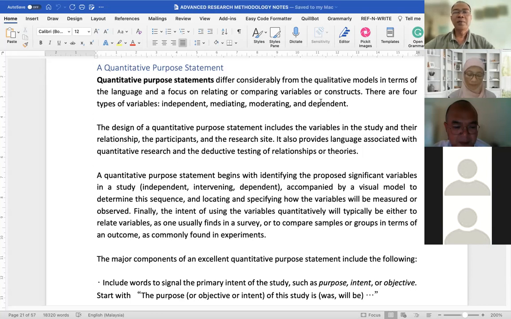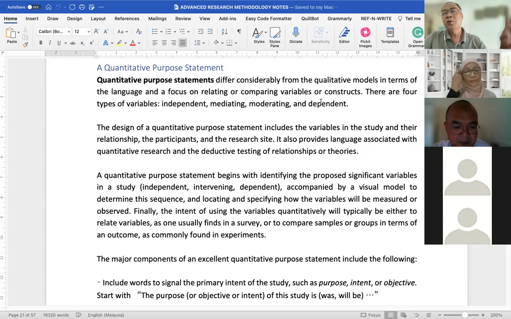So you cannot just simply throw in variables that you like. You have to justify why you include that variable. Why you don't include other variables? Why you include this variable? You need to explain. And you justify the inclusion of the variables based on the previous studies.